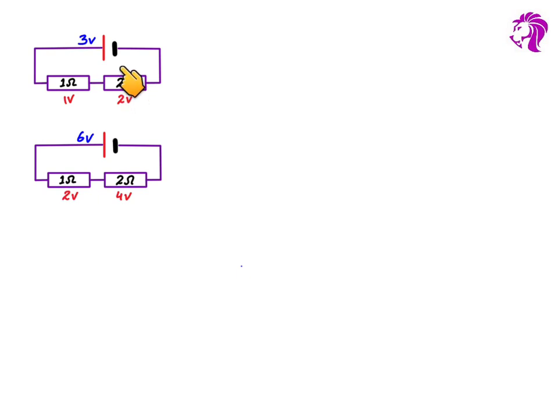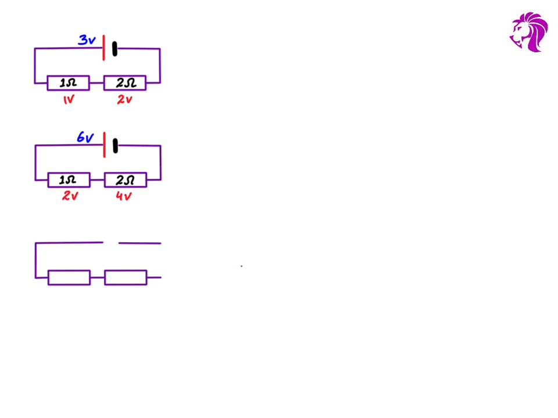So the 1 ohm would get 1 volt and this 2 ohms would receive 2 volts. You have those same 2 resistors, but you have a new EMF, 6 volts. This 6 volts would again divide in a 1:2 ratio, so 1 ohm will get 2 volts and 2 ohms will get 4 volts, right?